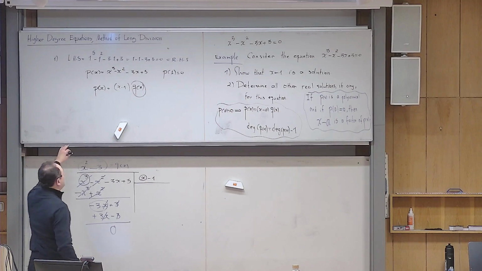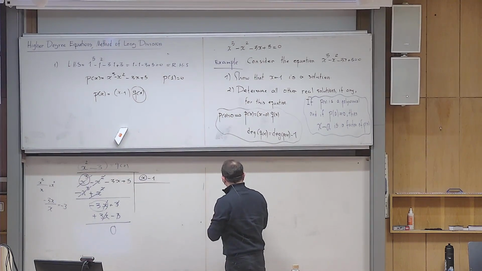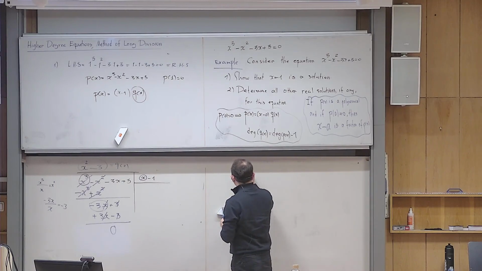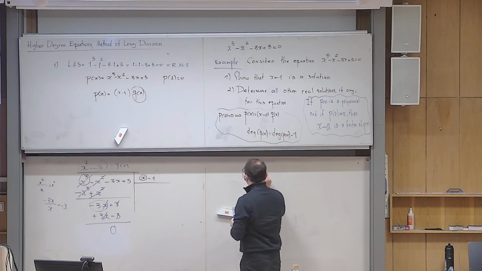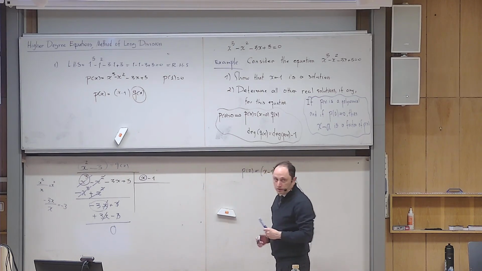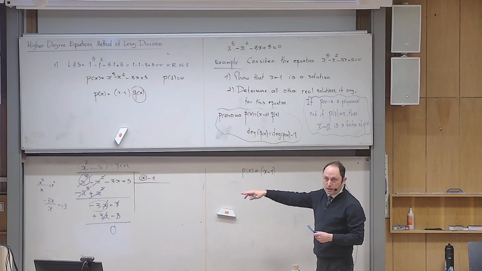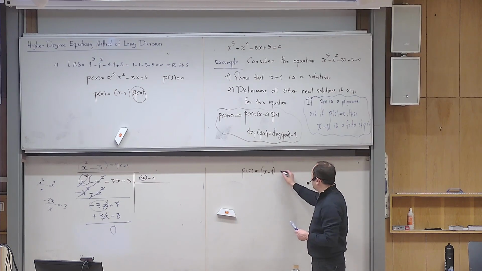Okay, so what happens here? It means that my polynomial, which is P(x), is now x minus 1, which I was able to guess even without going through this process, multiplied by Q(x), which I was not able to guess. I found it using this idea. So this is my polynomial.